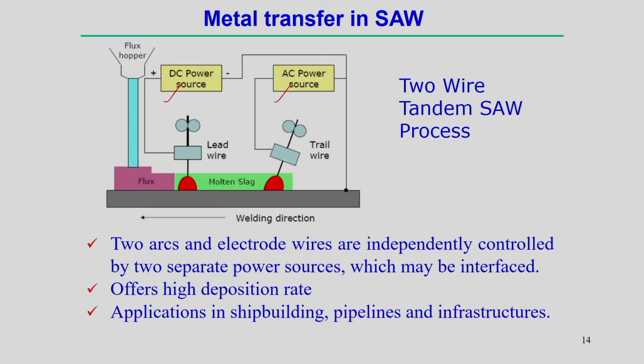So far that kind of development is not there, because there are some inherent difficulties in metal transfer in the submerged welding process, such that it is very difficult to make an automated system applicable to additive manufacturing. So, that is why much detailed explanation of metal transfer in the submerged arc welding process may not be required.